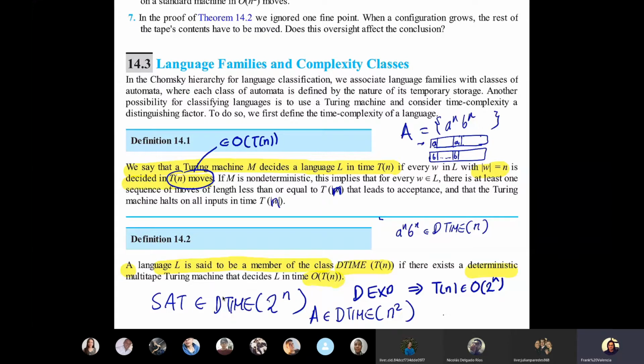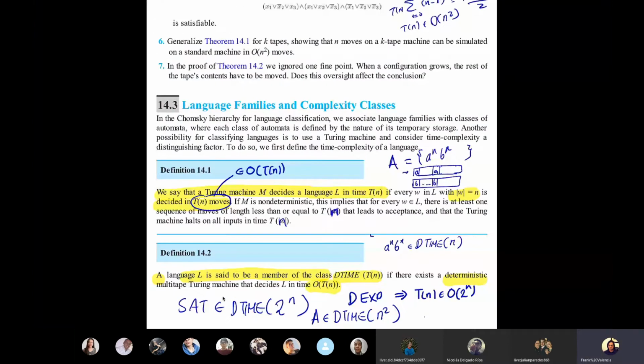Okay, and that's for deterministic time. Remember, trying all possible assignments to the formula. So, questions here? No questions?